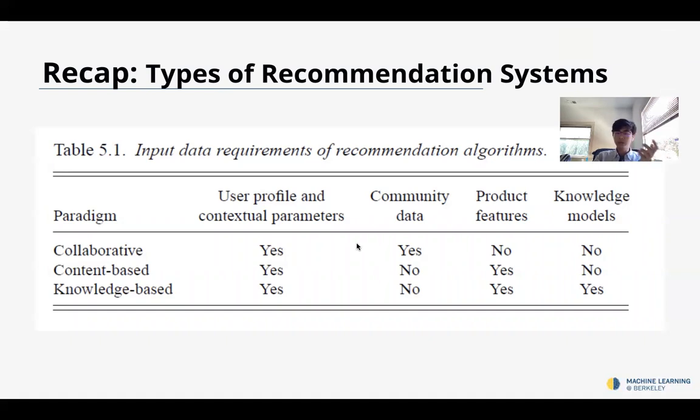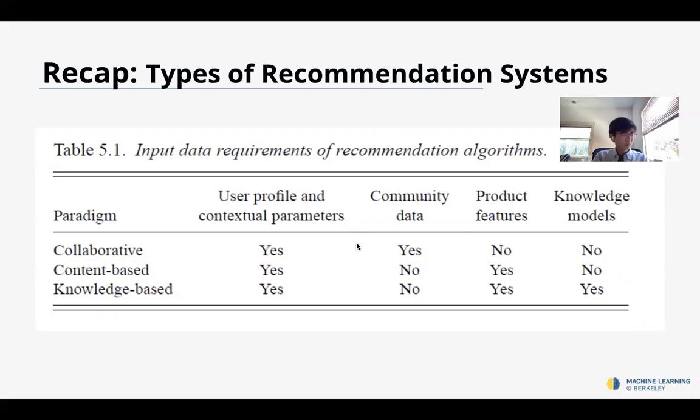A content-based system needs to know the types of items this user has bought in the past to pair items with this user profile. And the knowledge-based system needs the user profile to understand their preferences and use that information to query its knowledge model. So they all take in different sources of data, and they handle the same sources of data in a different way.